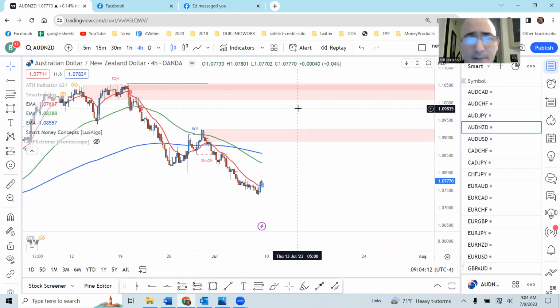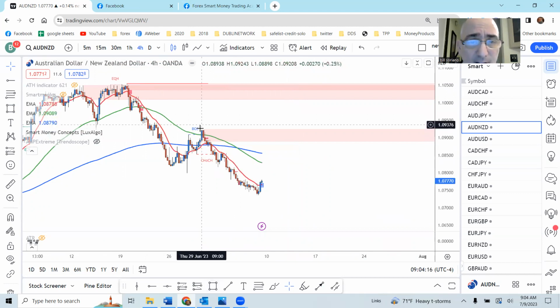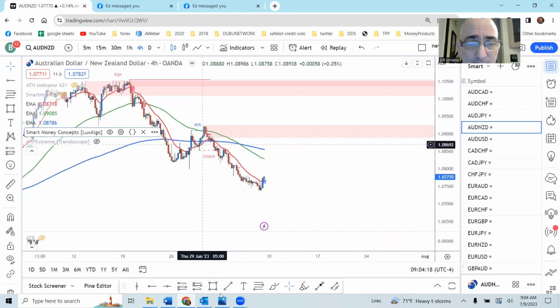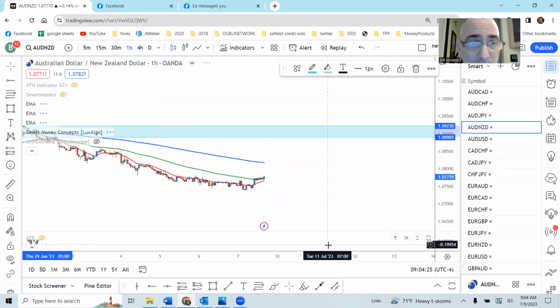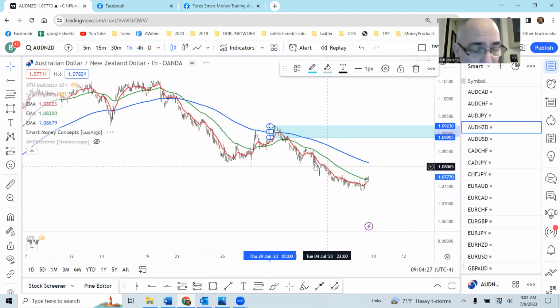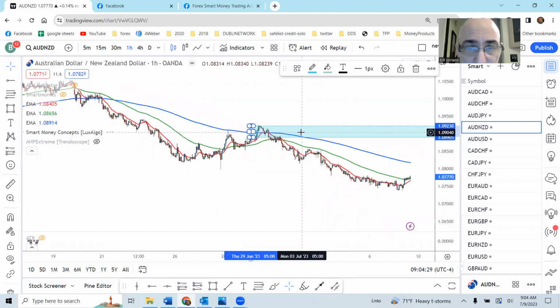Sometimes what I'll do is I'll drop down to the 1-hour chart so we can identify this 4-hour area, right? And then we can drop down to the 1-hour to see if there's a better candle in here that we can use.